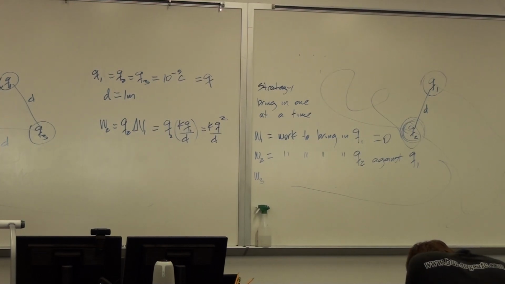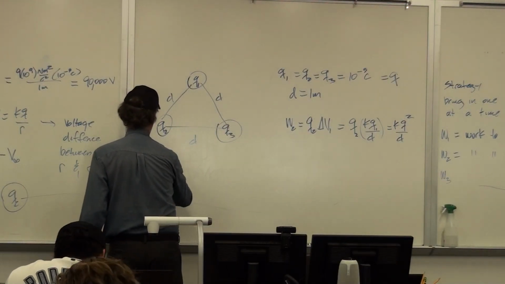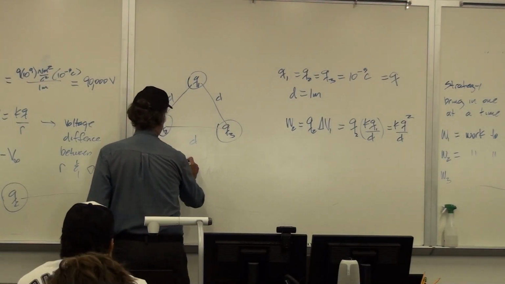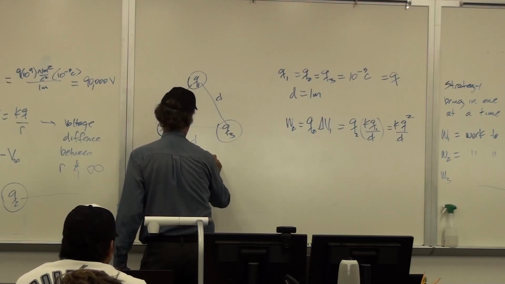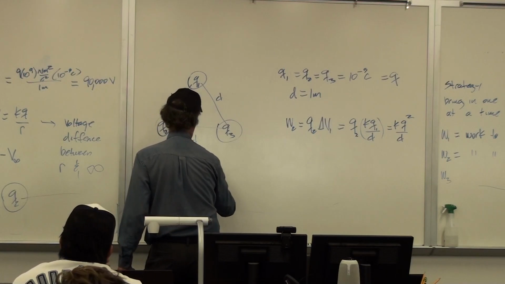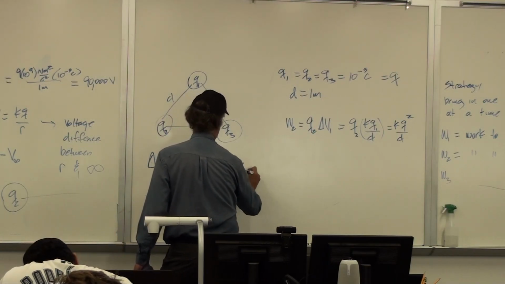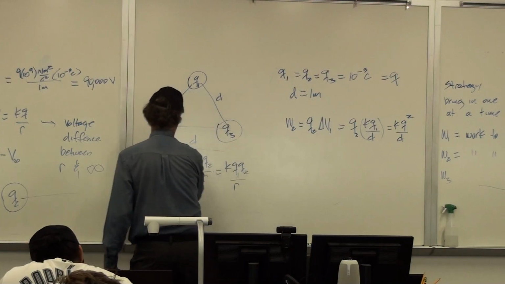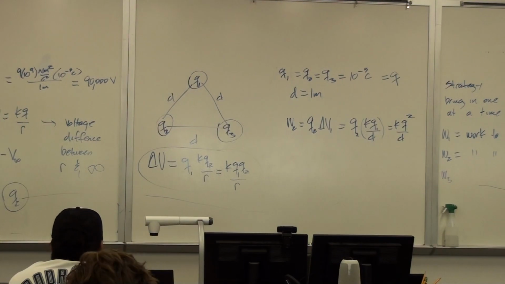This also gives us a good expression for change in potential energy. Delta U then is Q1 times KQ2 over R in general, or KQ1Q2 over R. So this is a general expression then for a change in potential energy.